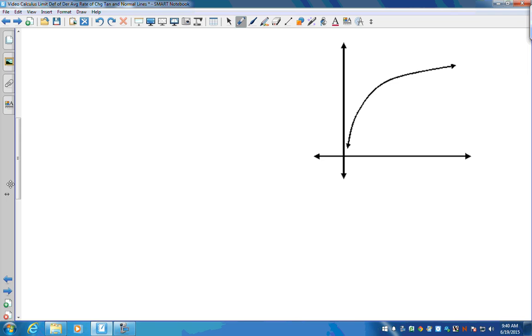So here's this curve. We'll call this curve f of x. We're looking for the slope of this curve at this green point. What is this green point? Could we call it x comma f of x? I think so, right? This is the point x comma y, or x comma f of x.